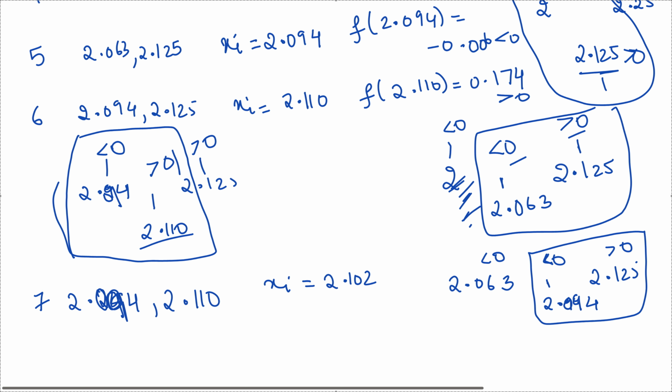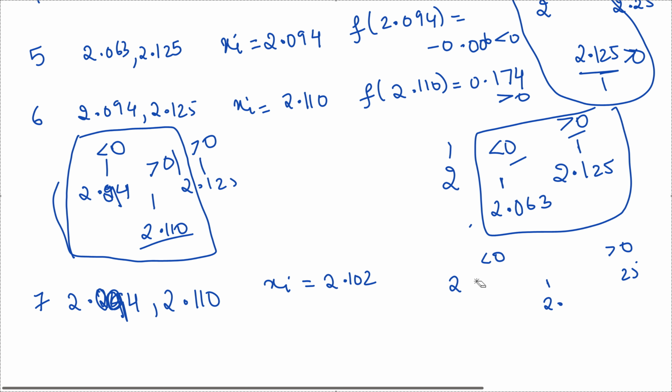I'll just erase this. Unfortunately, erasing is taking more time. Okay. So what is f of 2.102 now? It is 0.083.